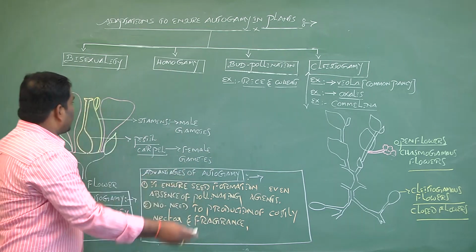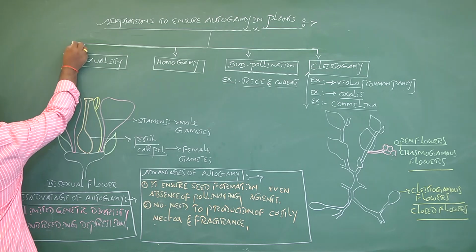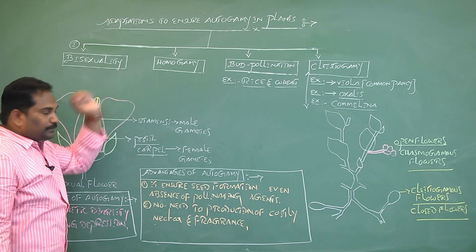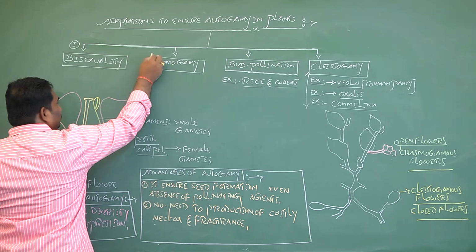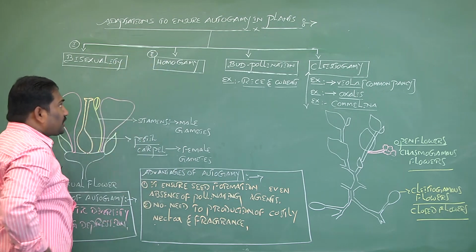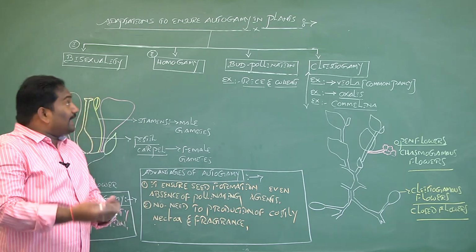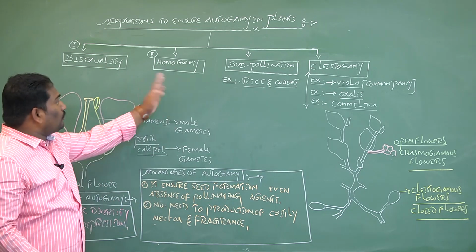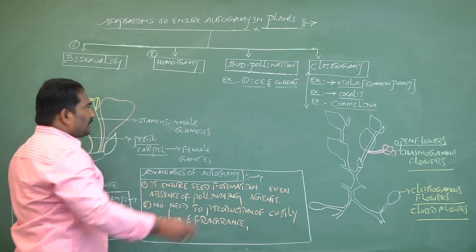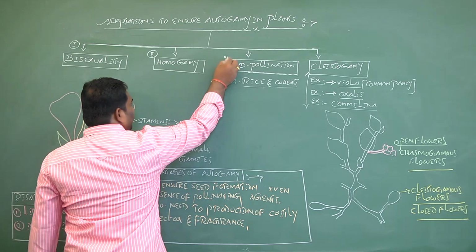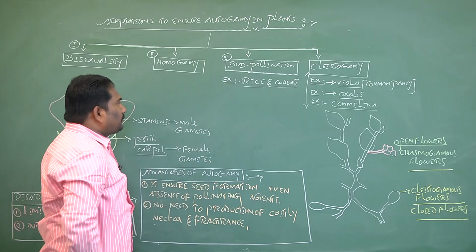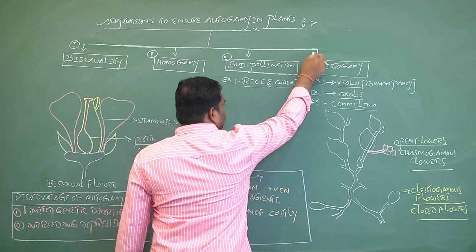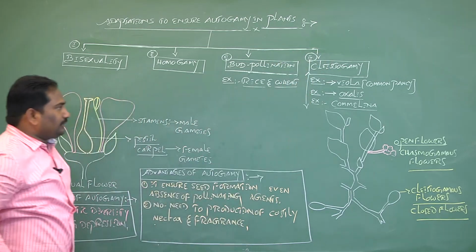The first adaptation to ensure self-pollination in plants is bisexuality. The second adaptation, which guarantees self-pollination or autogamy, is homogamy. The third adaptation is bud pollination. The fourth adaptation is cleistogamy.